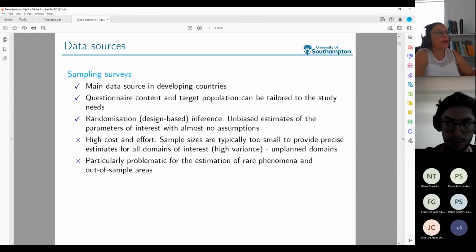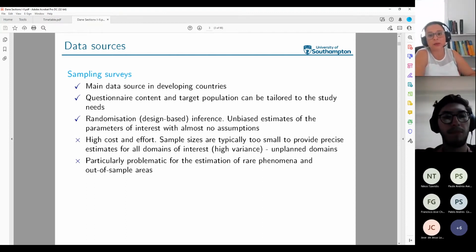Finally, the second drawback that I mentioned for sampling surveys is that they're particularly problematic for the estimation of rare phenomena and out of sample areas. Those two things are related again with the fact that we're limited by the sample size.